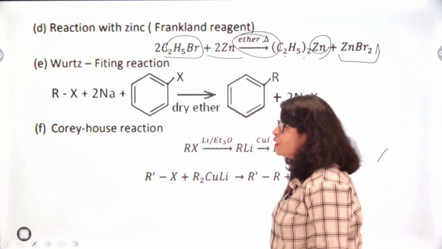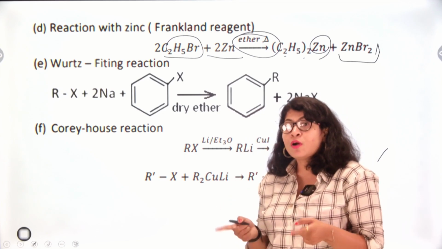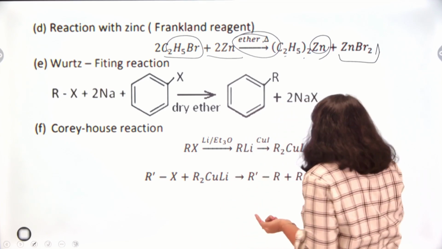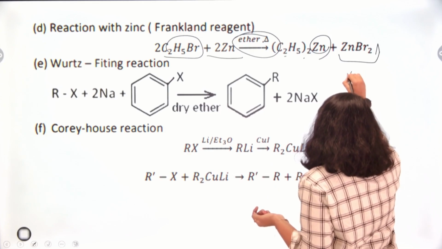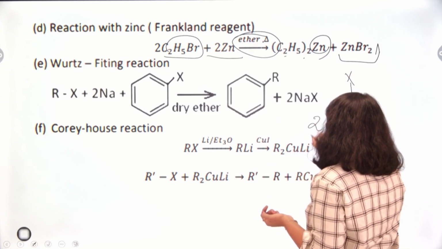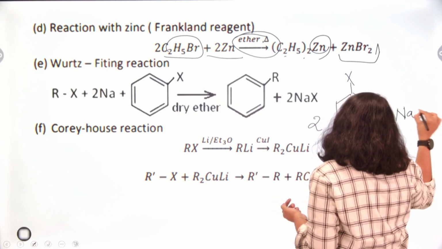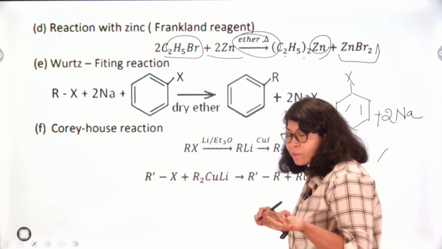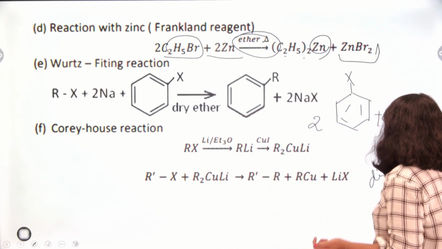Now if I see the Wurtz-Fittig reaction, we have seen Wurtz reaction. There is another reaction called Fittig reaction. What happens in Fittig reaction? In case of Fittig, there are 2 benzene-substituted halogens. They react with 2 sodium atoms to liberate 2 NaX, and they will result in the formation of diphenyl.